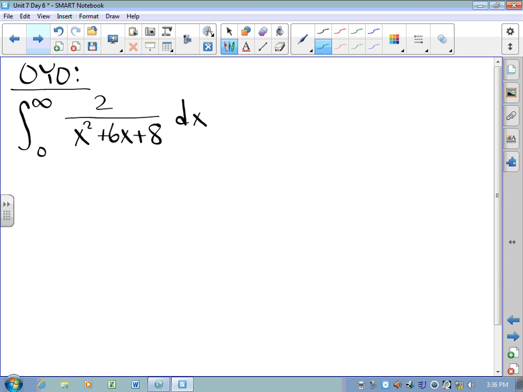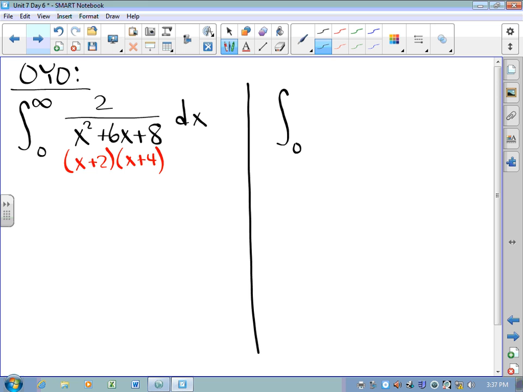I give you that one because this is a factorable denominator. Do you remember how we did integrals with factorable denominators? The College Board is going to give stuff like that to you, where they try to test that kind of integration in the context of an improper integral.